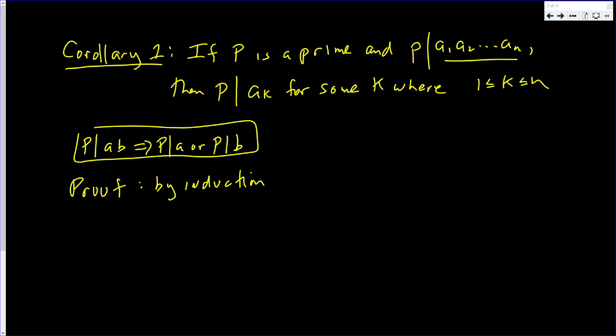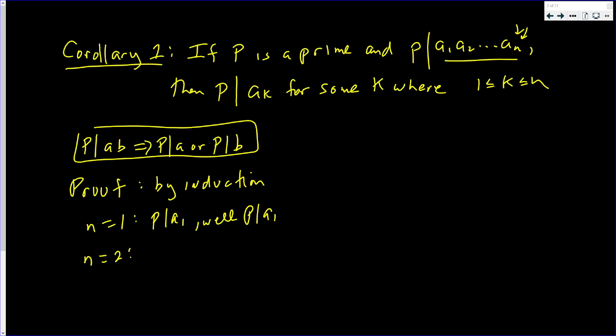We're doing induction on the number of integers we're multiplying in the product. If n is 1, P divides A1, well, P divides A1.